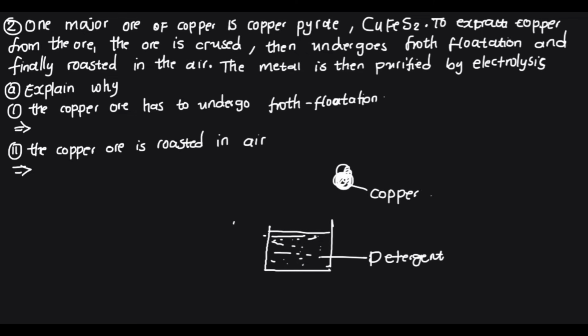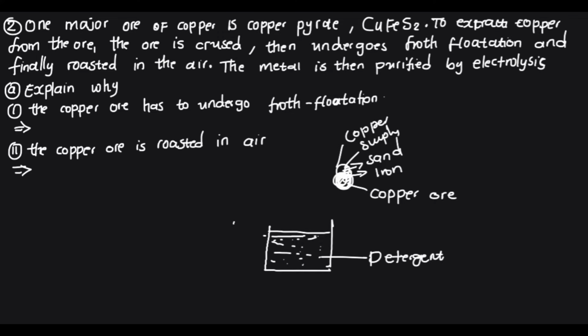Now in this copper ore, there are substances like sand. Then apart from sand, there is iron. Then apart from iron, there is sulfur. Then also you'd find that there is the copper that we want.